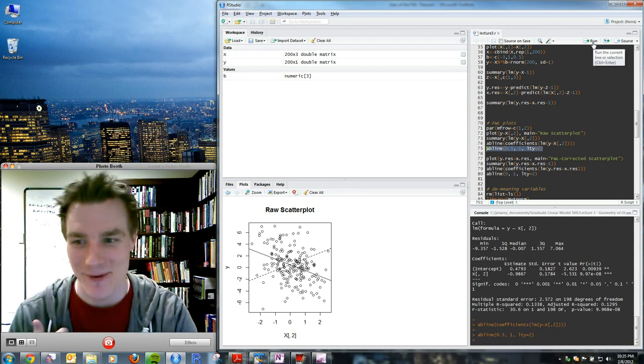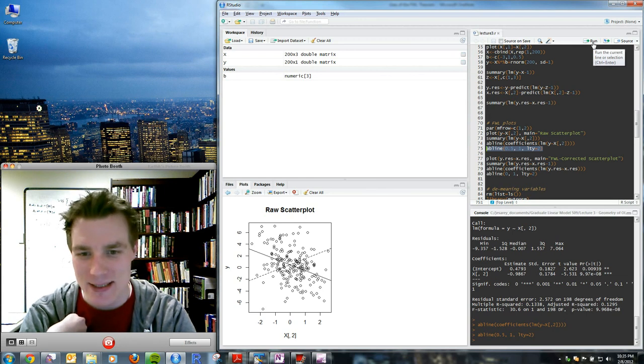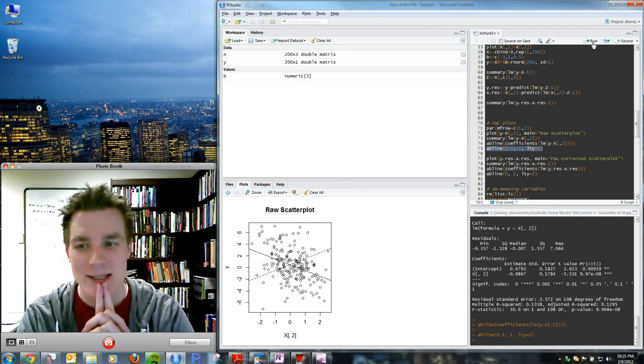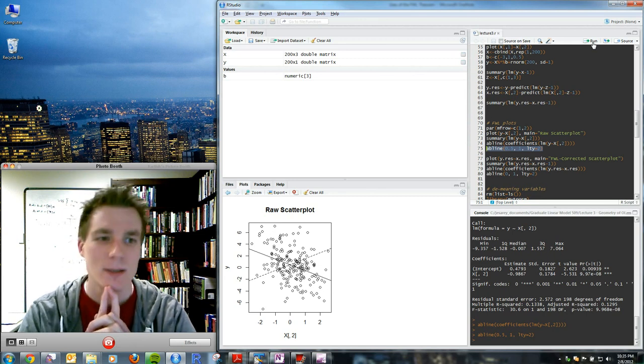We have a problem. We have a scatter plot that's telling us that x2 is negatively related to y, when in actual fact it's positively related to y. That could be a problem.